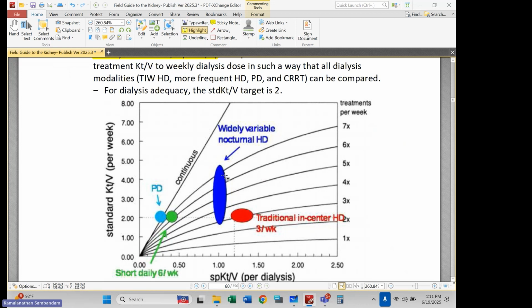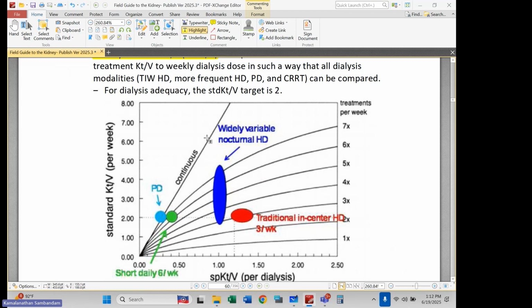Now, if you start wanting to prescribe these nightly therapies with PIRRT, which would be following this 7 times per week curve, you should be able to calculate. If I want to get something like a CRRT standard weekly KT over V, maybe I don't need to be way up in this part of the graph. I'm going to arbitrarily say a standard weekly KT over V around 6 might be just fine.